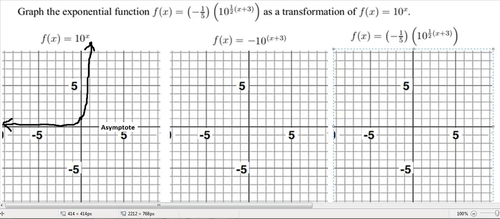So let's see if I can just go ahead and reflect over the x-axis. Yep, that's where I put in the words.